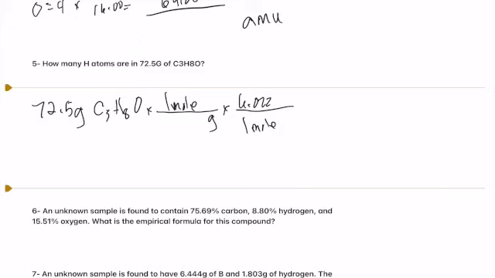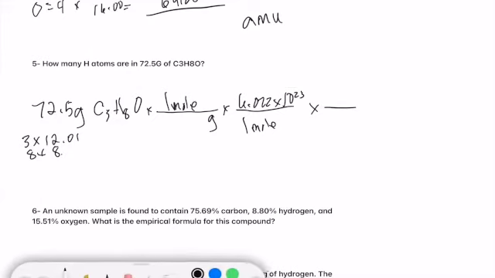And then we'll convert into individual atoms. We're looking for hydrogen here, so we need one more step. We're going to use the mole ratio of 1 mole of isopropyl alcohol has 8 hydrogen atoms. So we'll come back to that.